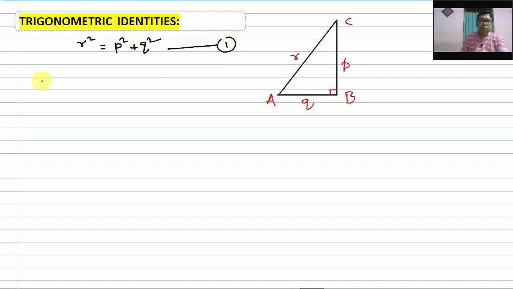Also, if you take angle A as theta, an acute angle, what is sin theta?